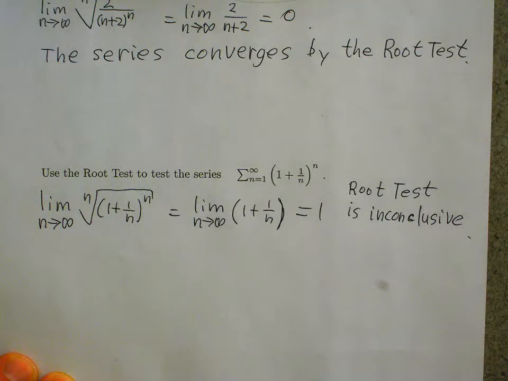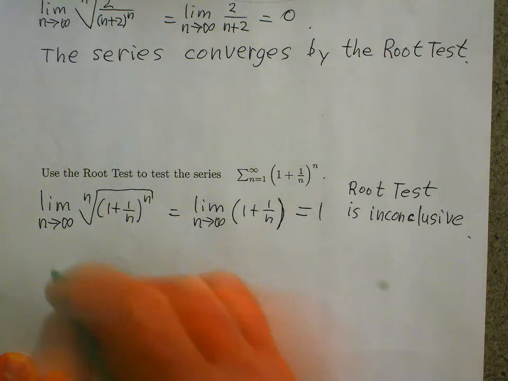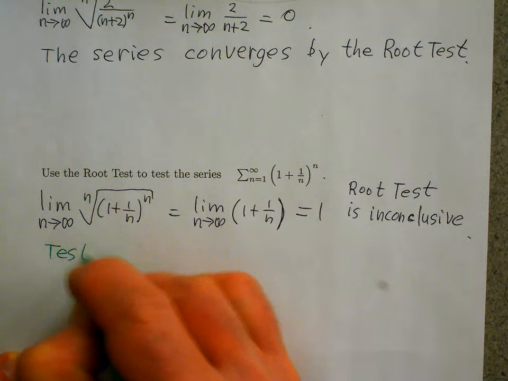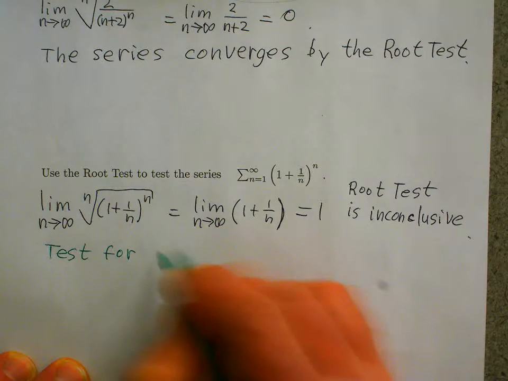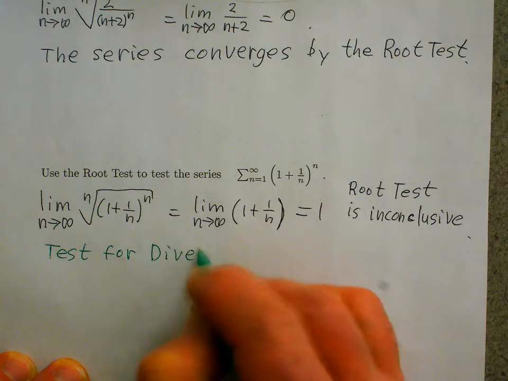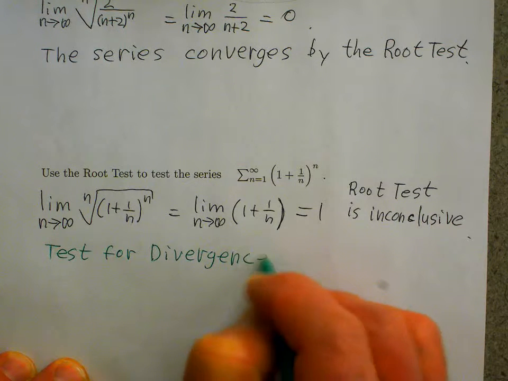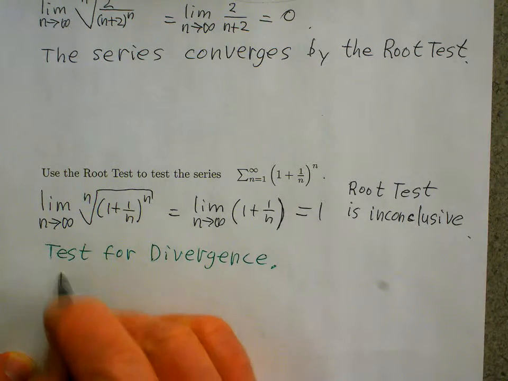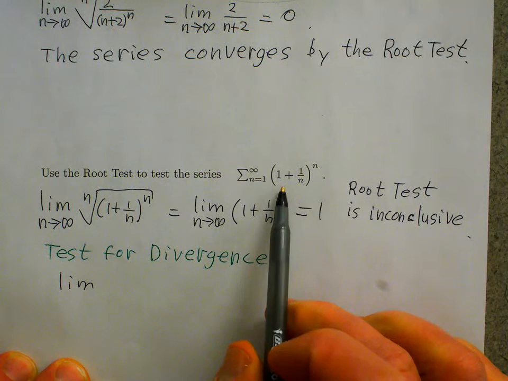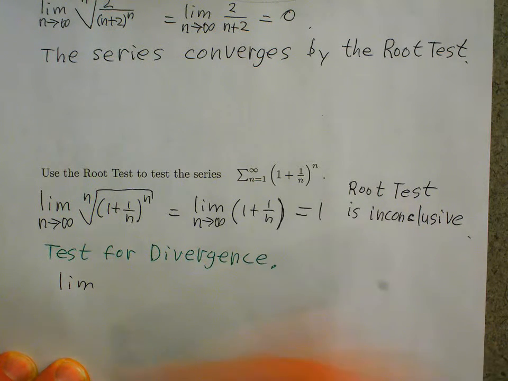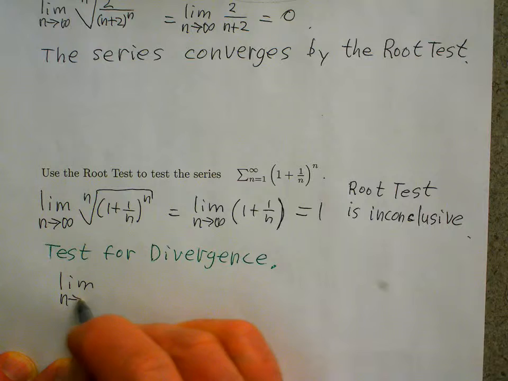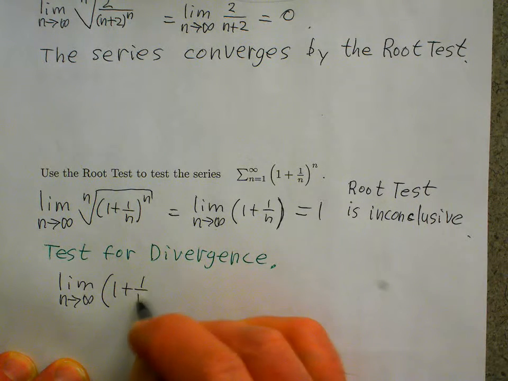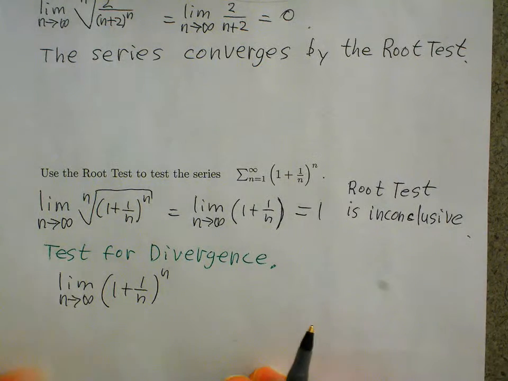How about the test for divergence? Well, let's see what happens. Test for divergence. So if we compute the limit of the terms, (1 plus 1 over n) to the n.